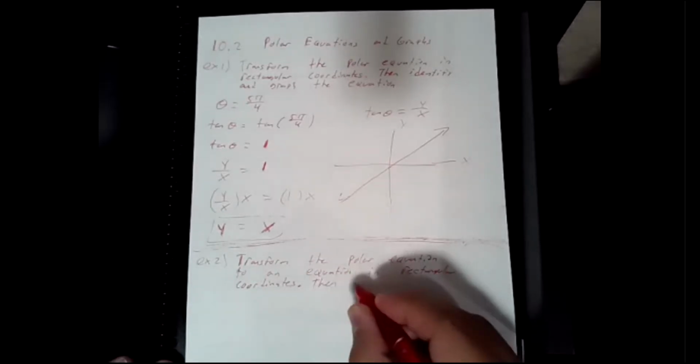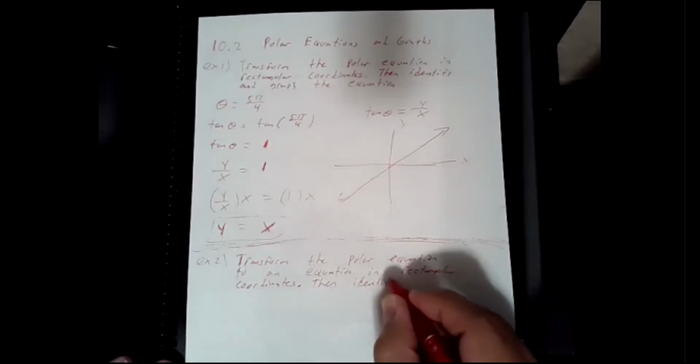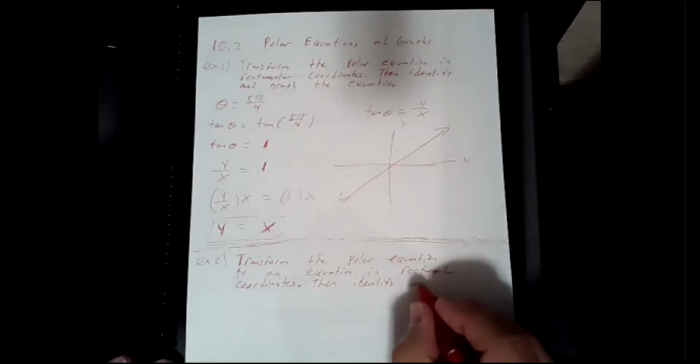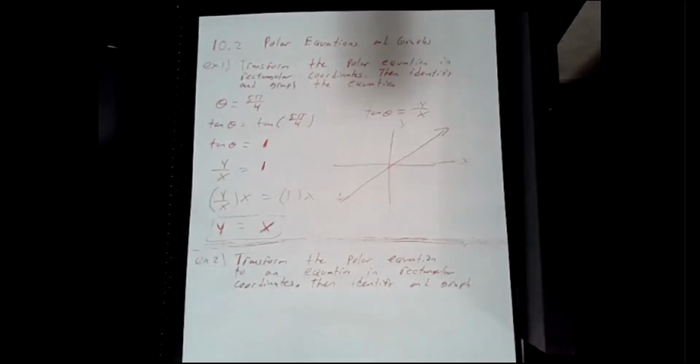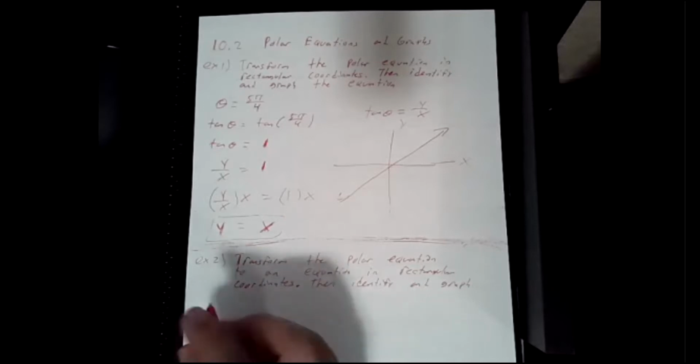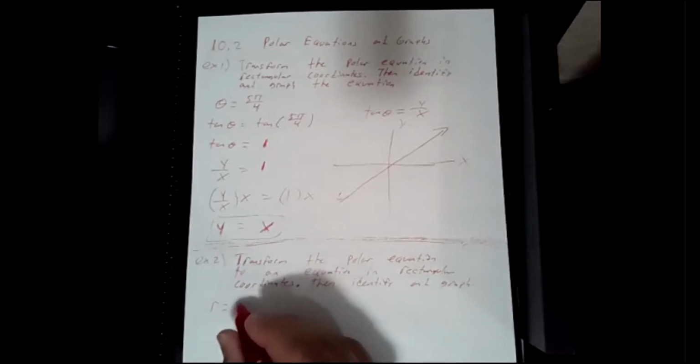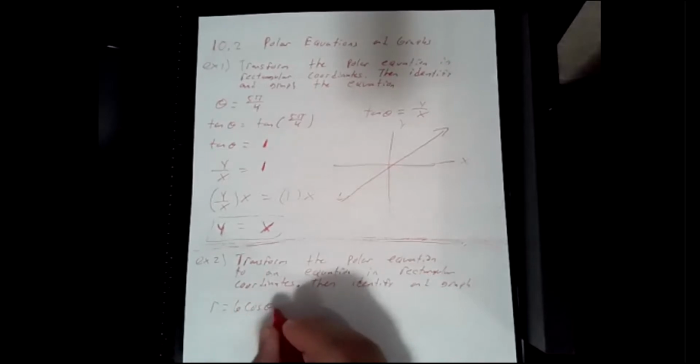Then identify and graph. All right. So here's the polar equation. R is equal to 6 cosine theta.